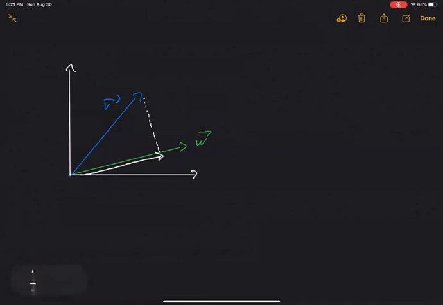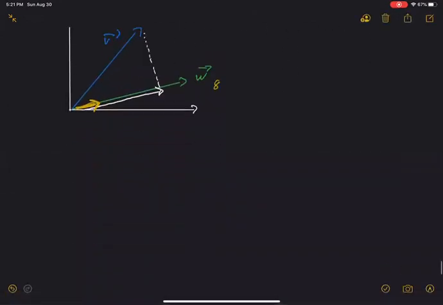Well, let's think about this. Let's think about the unit vector along W. Let's say W is like 8 units long, right? Well, there's a unit vector down here, right? That's 1 unit long, pointing in the direction of W.